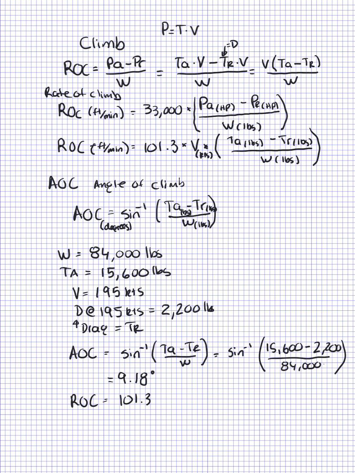Because we have everything in terms of thrust instead of power. 101.3 times the velocity times thrust available minus thrust required over weight, and that is going to be 101.3 times 195 knots times 15,600 minus 2,200 over 84,000.